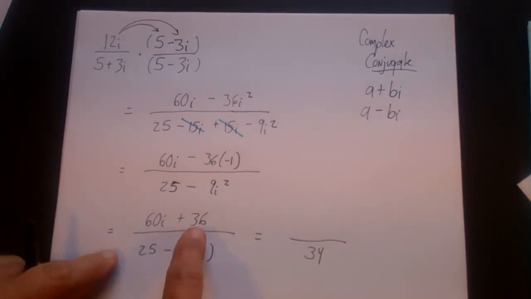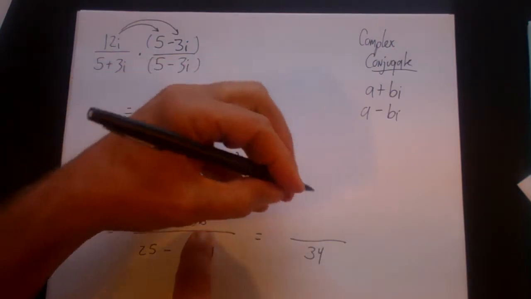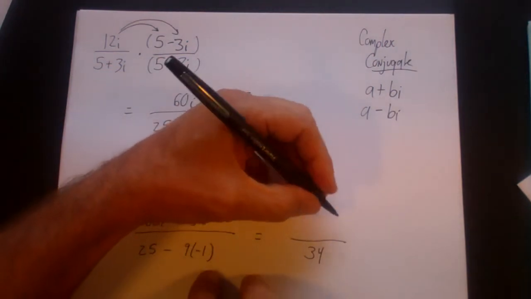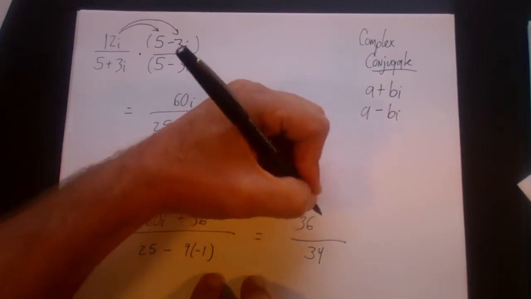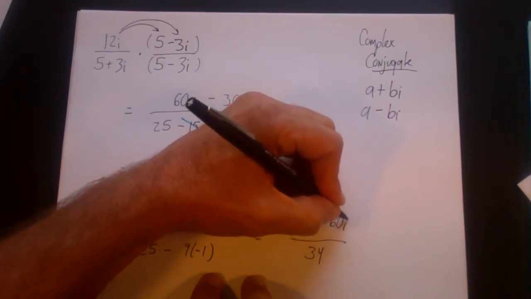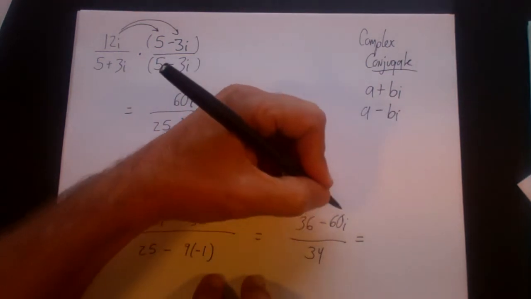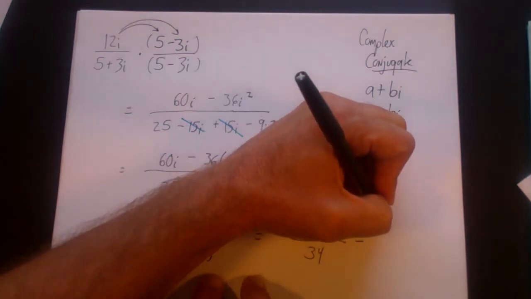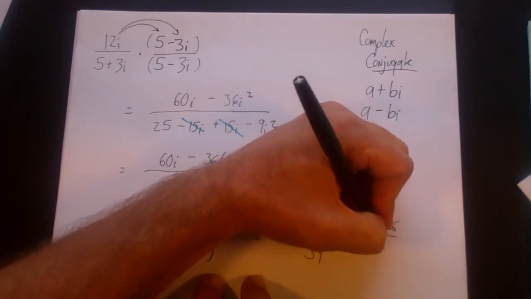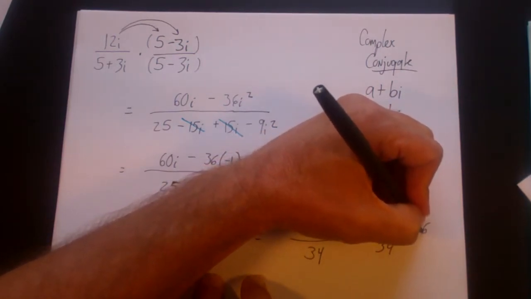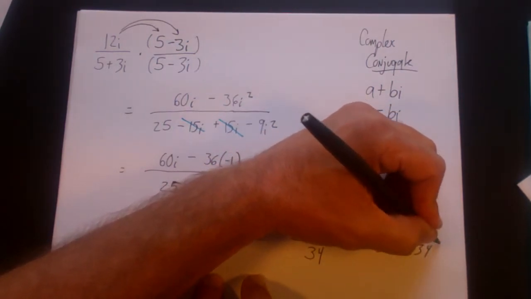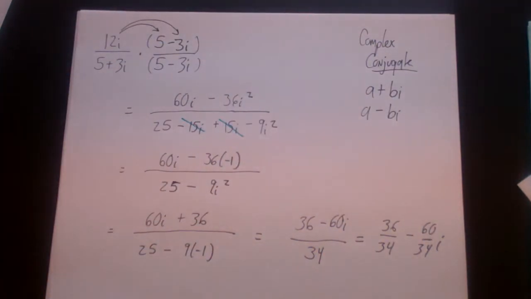I'm going to rewrite it so that the real part is in front, so I get 36 minus 60i. Now I'm going to break this apart into the real and the imaginary part. So I get 36 over 34 minus 60 over 34i. And that's how you do that problem.